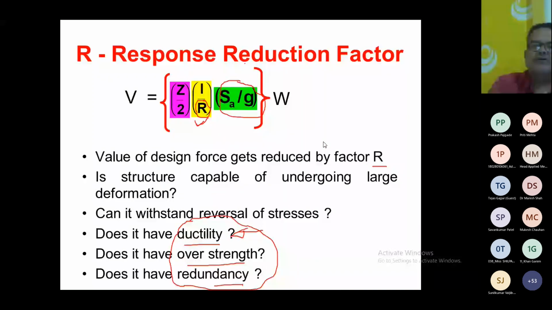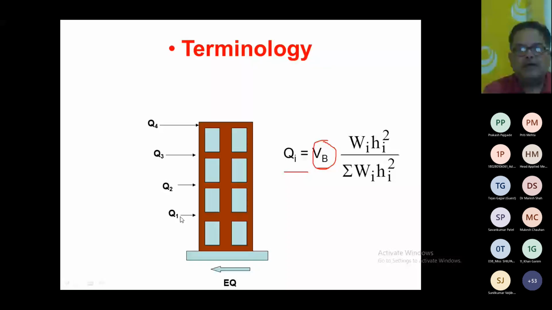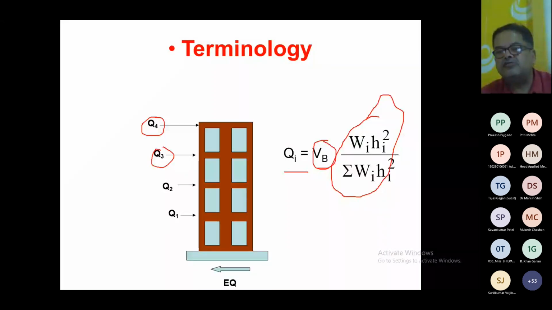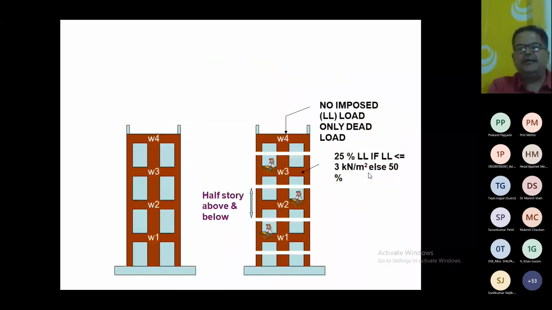Once we know VB, we have to calculate the lateral forces acting at the floor levels: Q1, Q2, Q3, Q4. The distribution we are assuming is a parabolic distribution, which is assumed by the code. So it's VB into Wi hi squared upon the sum of Wi hi squared. So the design lateral force can be calculated, right?